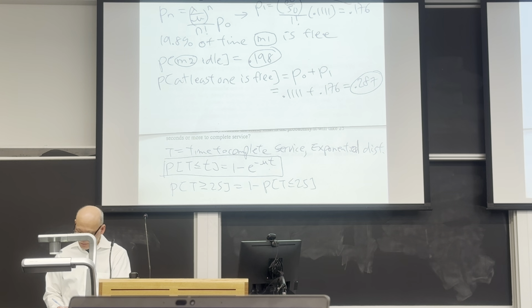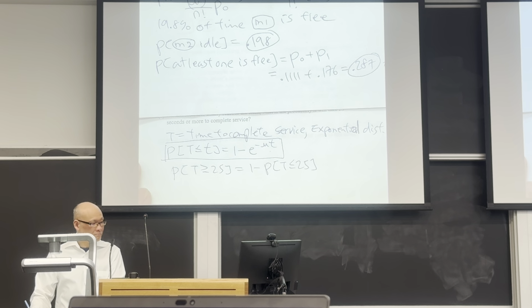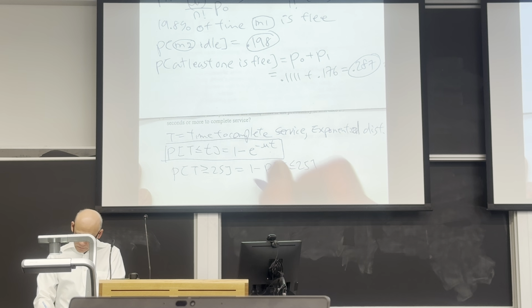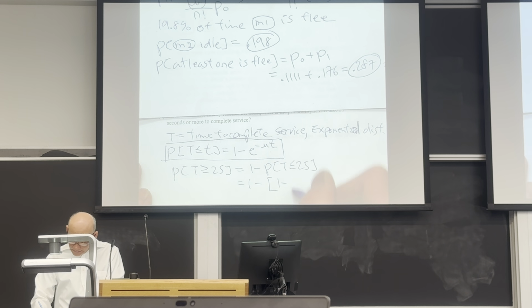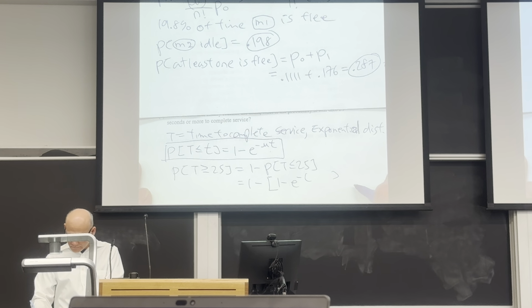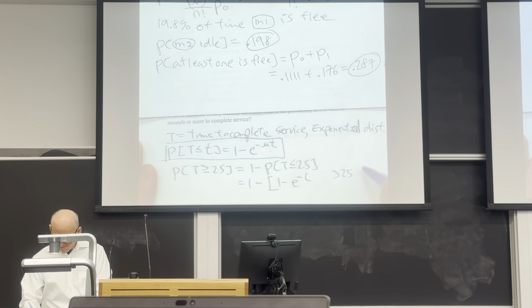So 1 minus e to the minus mu t, but we don't know what mu is, and t is 25.